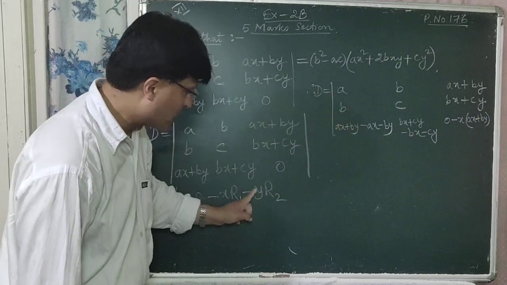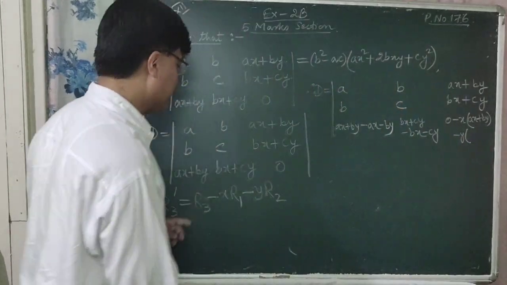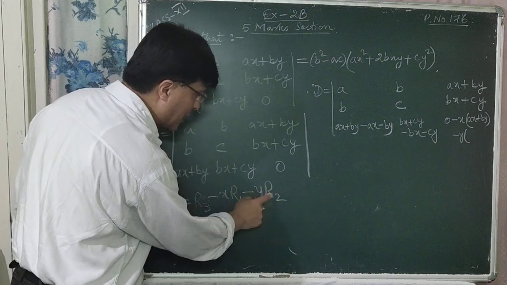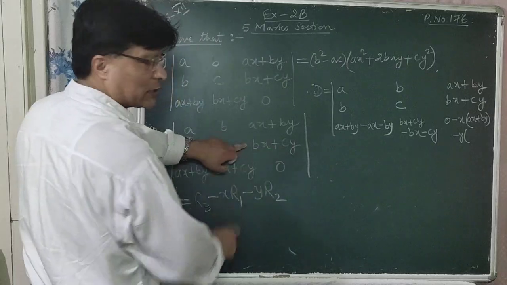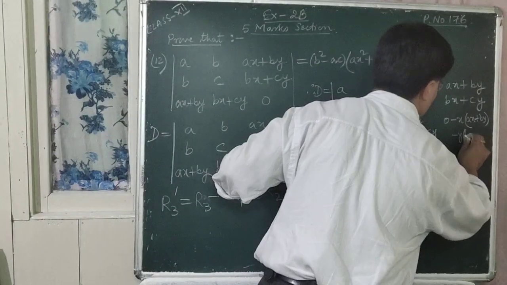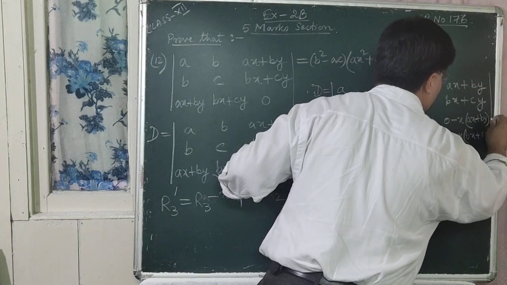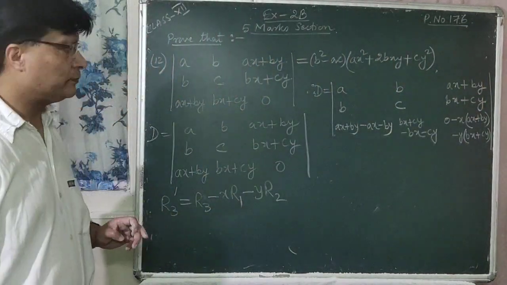Next, minus Y. Let us write minus Y first. Minus Y within bracket. And within bracket, which is R2 here? This is the third element of the second row. That is BX plus CY. So this determinant sign is closed.